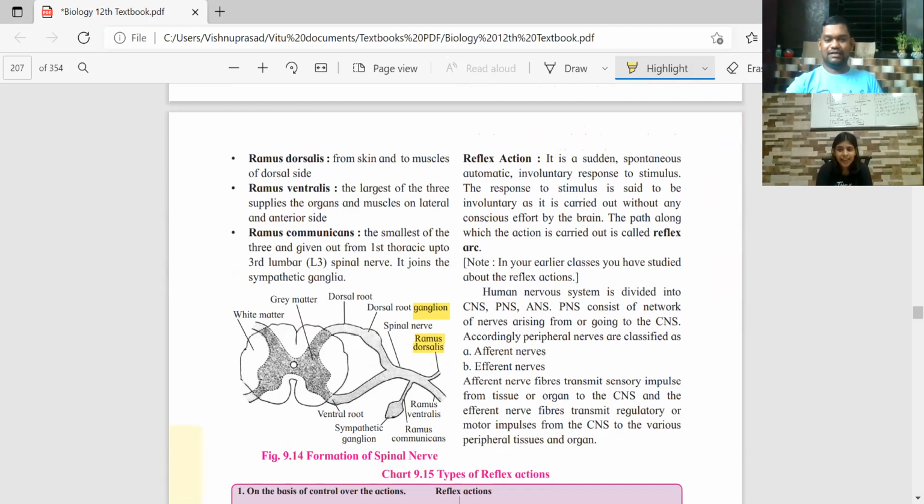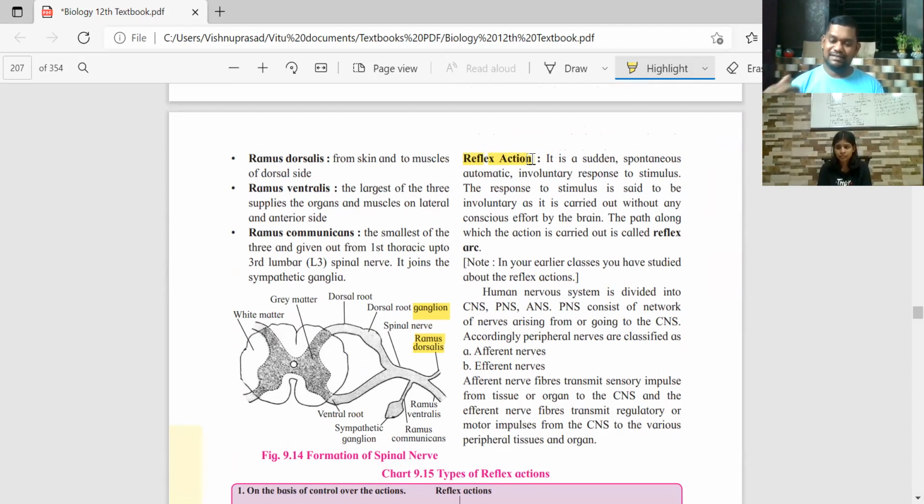That was about the PNS, the peripheral nervous system. Associated with the PNS and the spinal cord, we have to understand what a reflex action is. Imagine a situation, the same example you mentioned in the beginning.